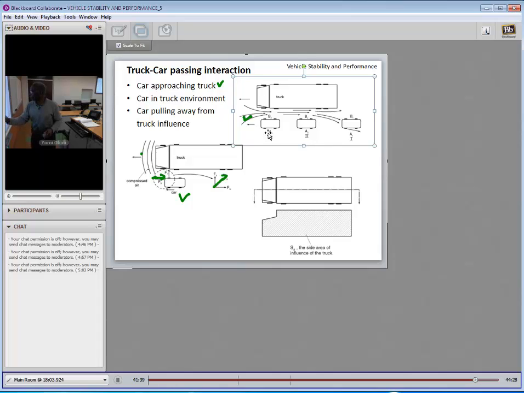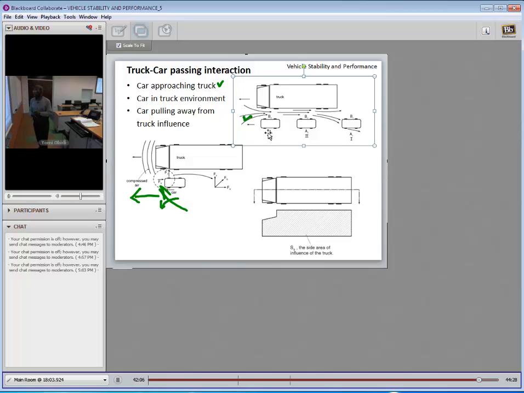So it has its component which hits the vehicle straight. It has its other component which pulls the vehicle in that direction. What's the bottom line? The bottom line is that the car is pulled towards the truck, and the driver actually has to literally steer his car away from the truck to be able to go straight.